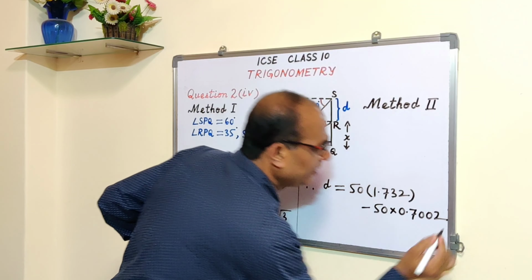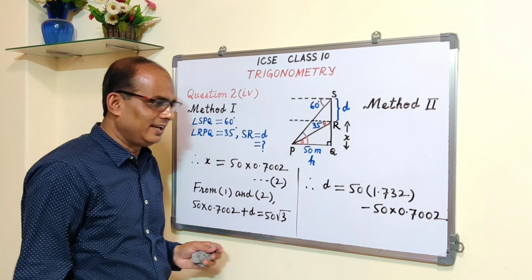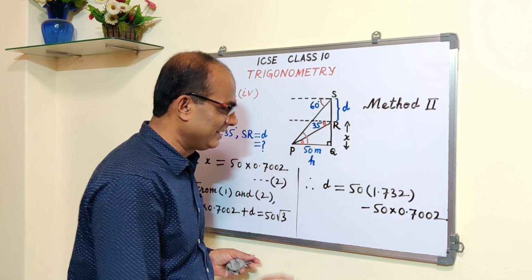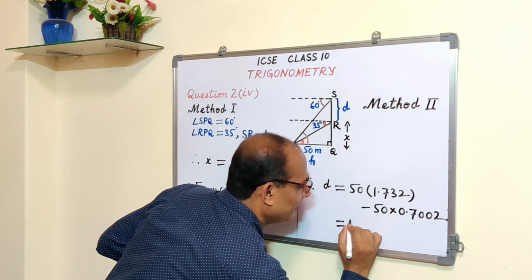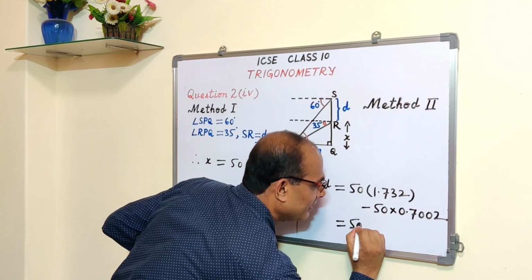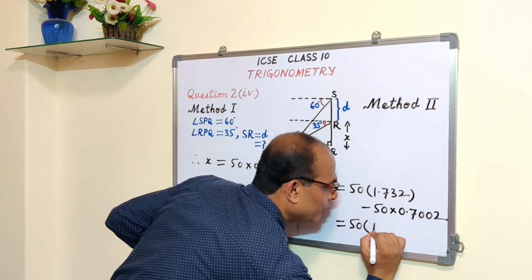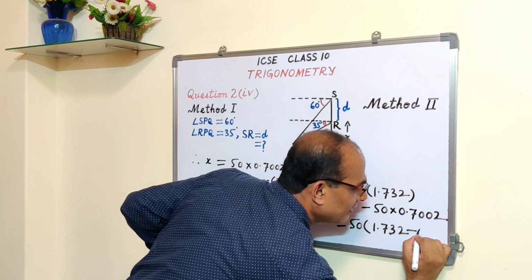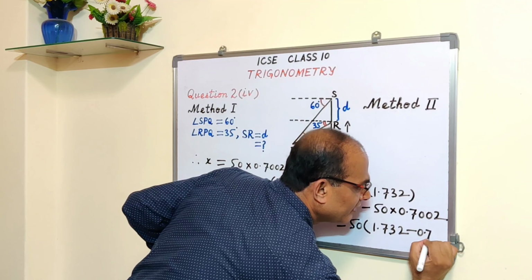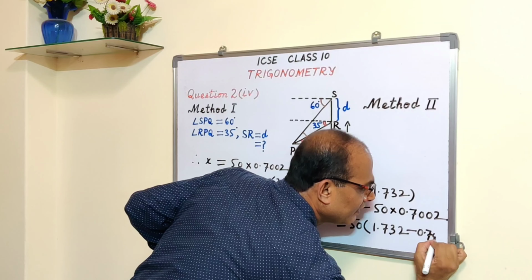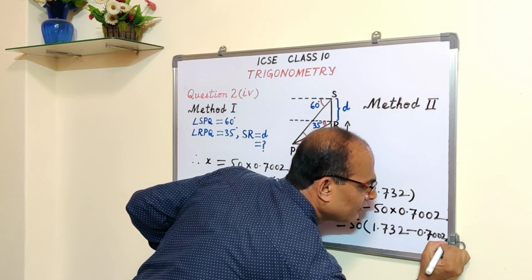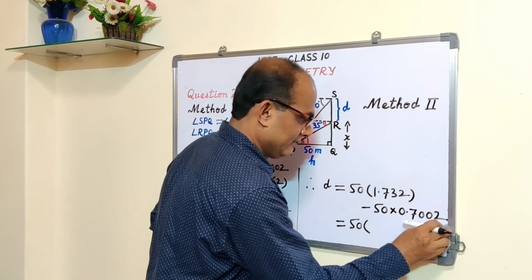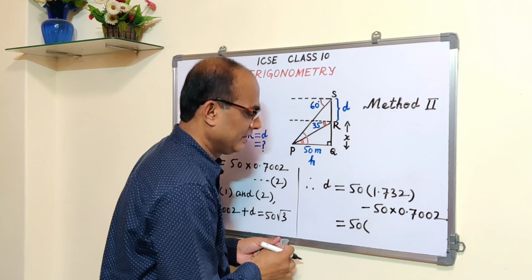See, I only transposed from the left hand side to the right hand side. Now let me take 50 common. I avoid multiplication. So if 50 is common, then you get 1.732 minus 0.7002. Let me write down nicely.